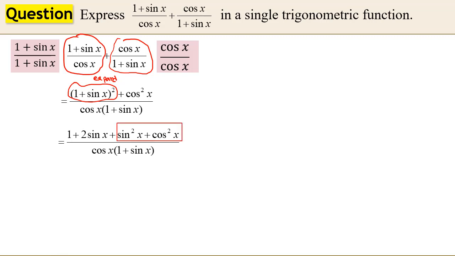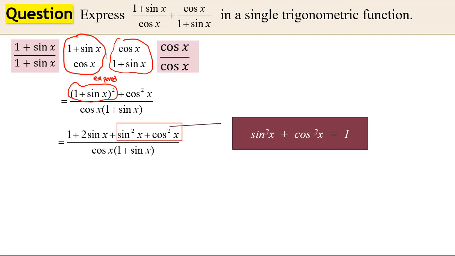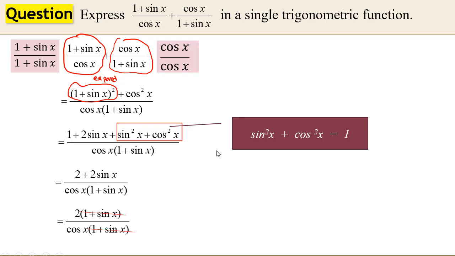Since sine squared x plus cos squared x is equivalent to 1, we get 2 plus 2 sine x for the numerators. We factorize the numerators and simplify. We will get 2 over cos x, and finally we will have 2 secant x.